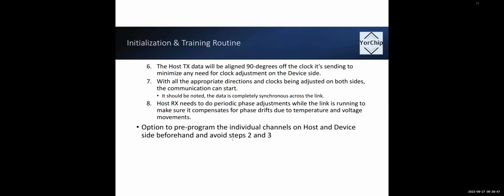As long as the host side transmits with the 90 degree in the middle of the cycle, the device should be able to take care of it and also compensate for its own latency introductions. All of this has to be spec'd out. When these are set, we can start the communication.